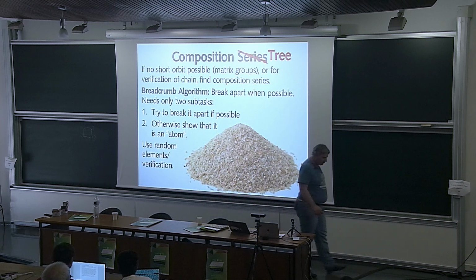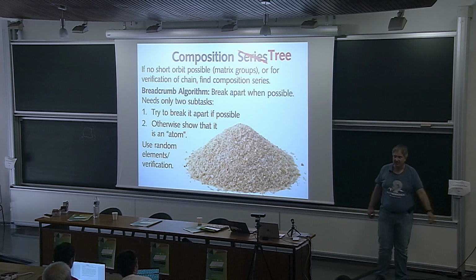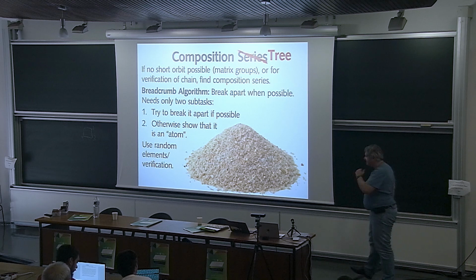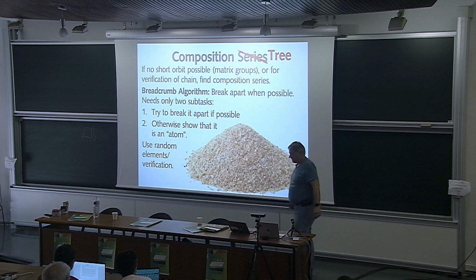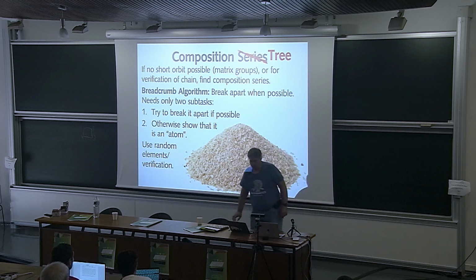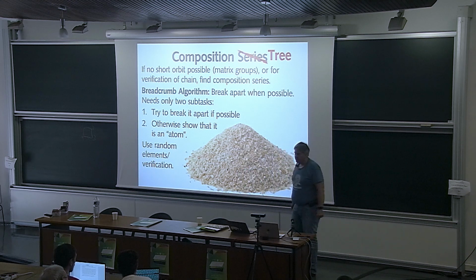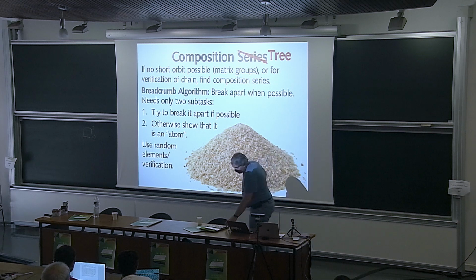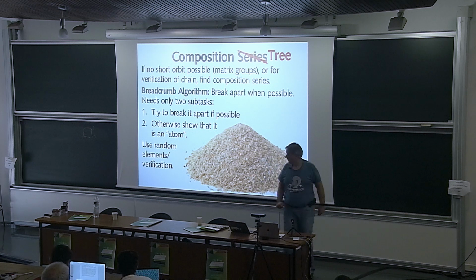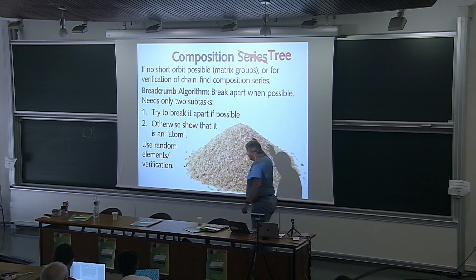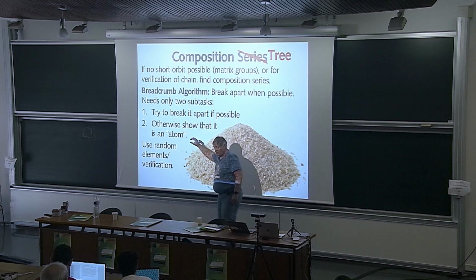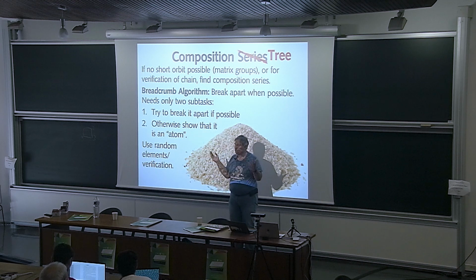What we need to find a composition series, actually, is only two steps. We need one step which says, oh, I have a group. If it is not simple, I want to find a normal subgroup in there, or I want to find a homomorphism with a non-trivial kernel, or I want to be able to show that I have found an atom. That means I have found a group which is simple. Yeah?